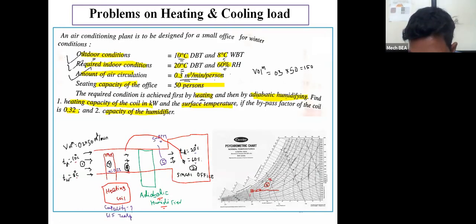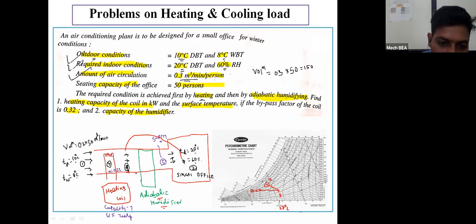From point number 2, I drew the constant wet bulb temperature line or constant enthalpy line, and this was my point number 3, and corresponding to point number 3 I got the dry bulb temperature as 27 degrees centigrade. So I got the condition of air at the outlet of the heating coil: dry bulb temperature of 27 degrees centigrade.